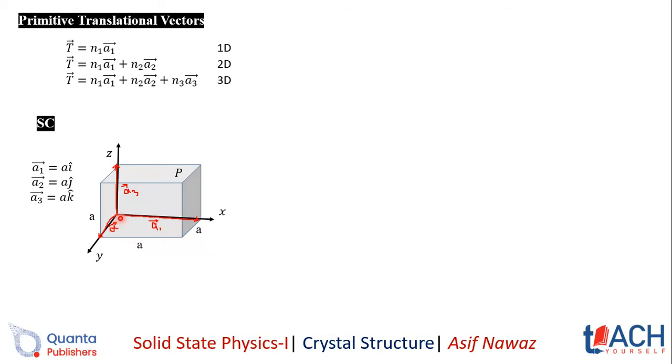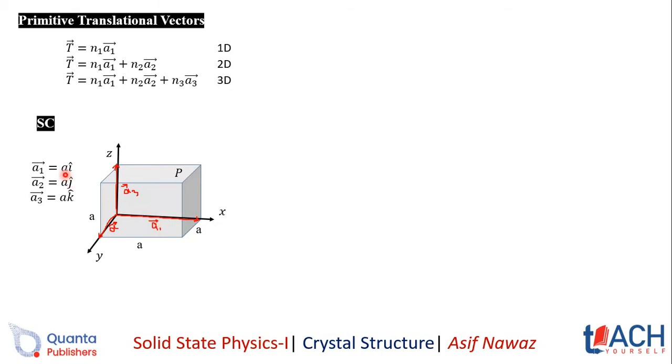Then let's see what happens if we transfer the lattice point from our origin. The selected origin is this point, and we move to the next one just along the x-axis, right? So if you move along the x-axis, then we have traveled a distance n1 along a1.